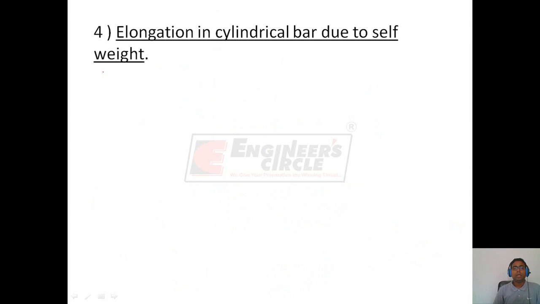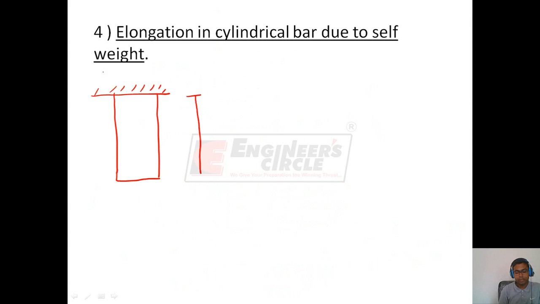Now, elongation in cylindrical bar due to self weight. Consider this cylindrical bar which is hanged from the ceiling. This is the ceiling and a cylindrical bar is hanged from the ceiling. The length of this cylindrical bar is L. Now the formula for elongation is given by integration 0 to L sigma xx by E into dx.